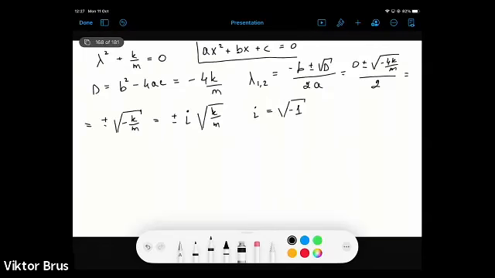So according to the rules of how you solve these second order linear differential equations, if you get a solution of its characteristic equation in complex form, then the general solution for the differential equation can be written in the following form. We are interested in x as a function of t.